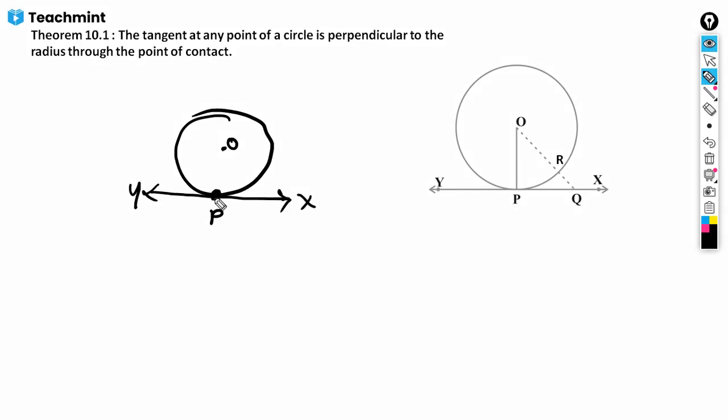OP is the radius. This is the diagram before the construction. The dotted line indicates the construction, which I will explain later. Hope you understood the diagram on the left side of this image. Then he does the construction, which we shall see later.